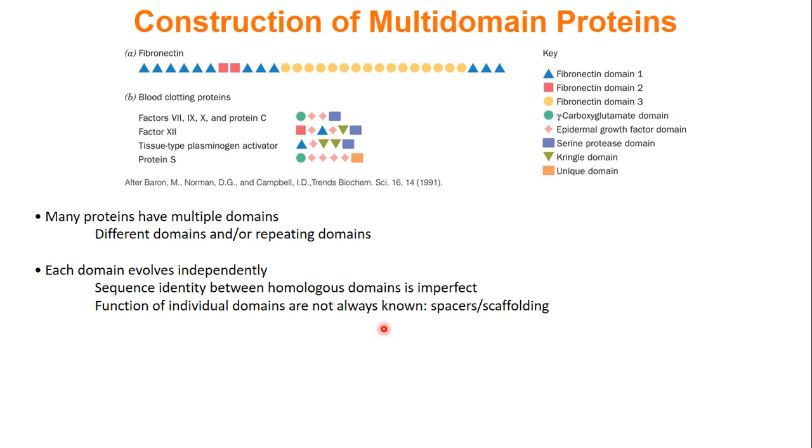That's because some domains may not be doing biochemistry directly, but are important for spacing out the molecule, as a space filler domain, or for positioning everything in the protein so that the protein or enzyme is able to work correctly, and that's scaffolding.